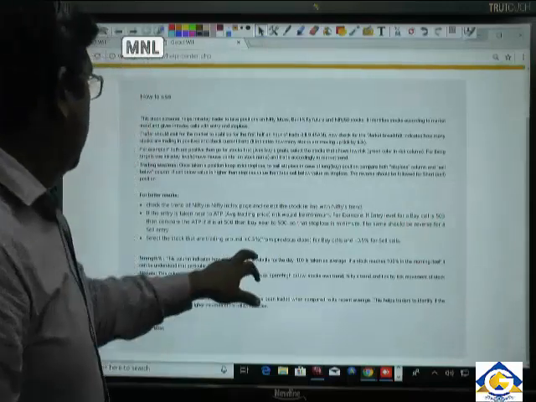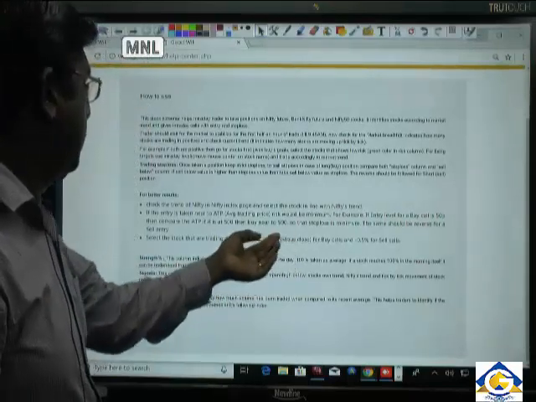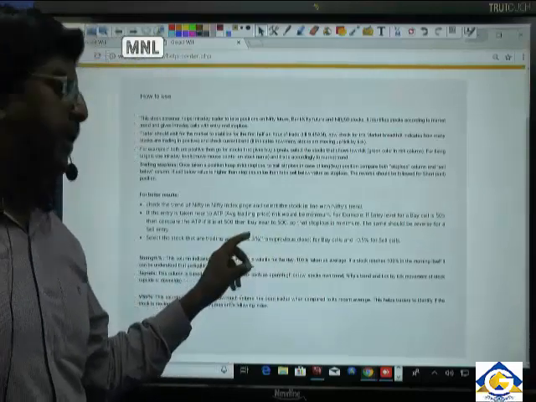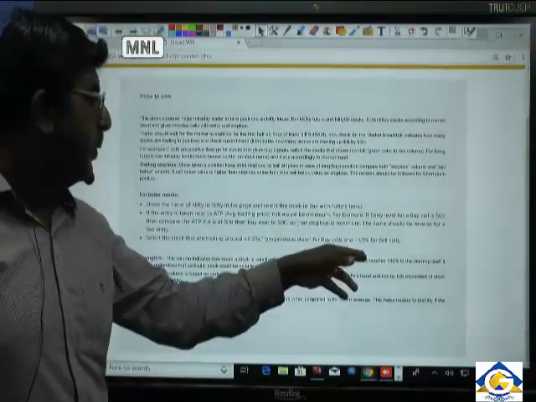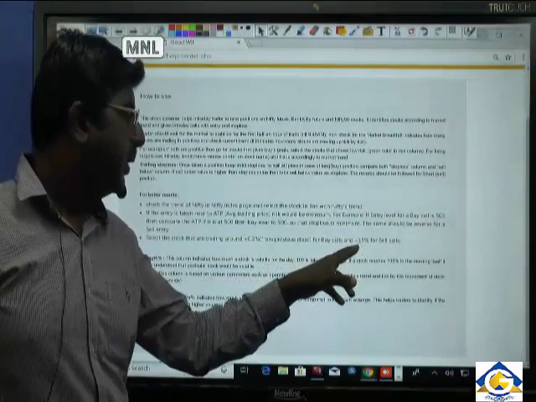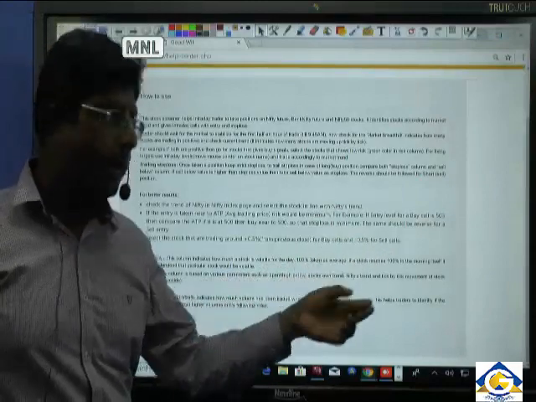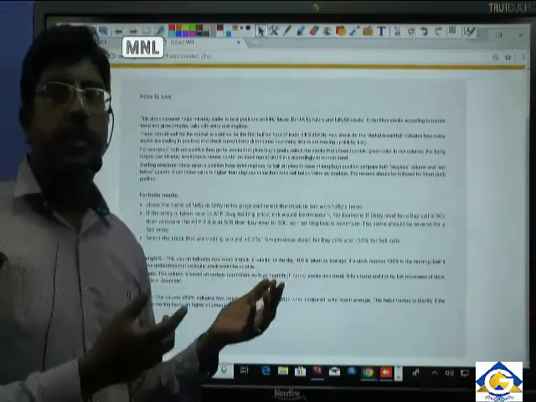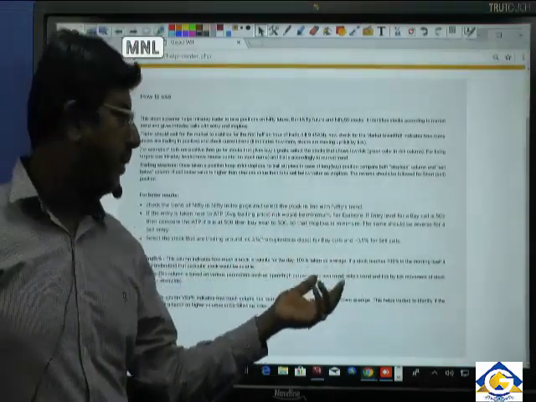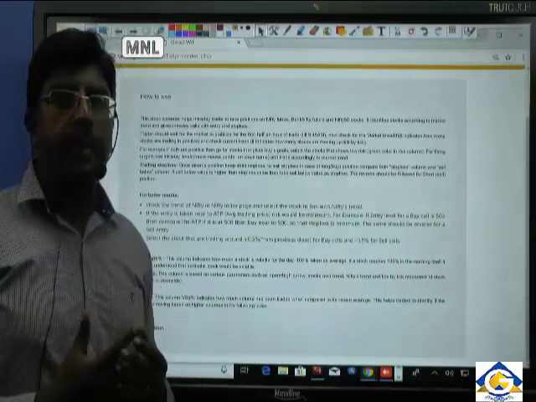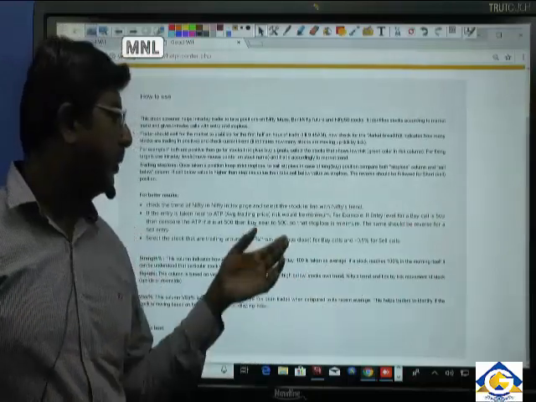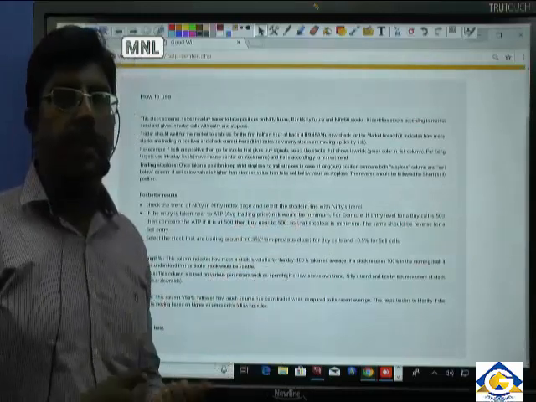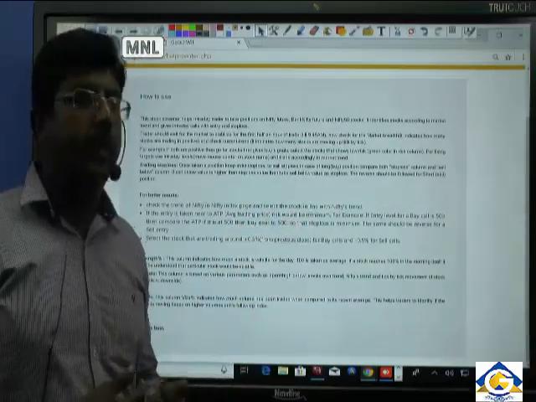Then select a stock which is at least 0.5% positive if you are going for a buy call, and if you are going for a sell call, make sure that it is 0.5% negative. The strength in Nifty, Bank Nifty and all stocks indicates the volatility. If it is highly volatile, in the morning itself you can see 80 or 90%, but if it is less volatile, it will be below 40% or below 30%.